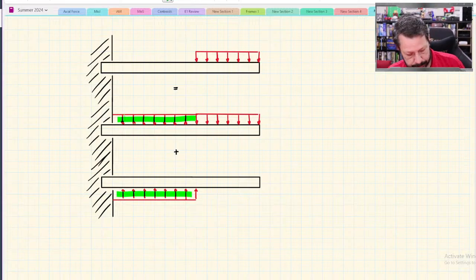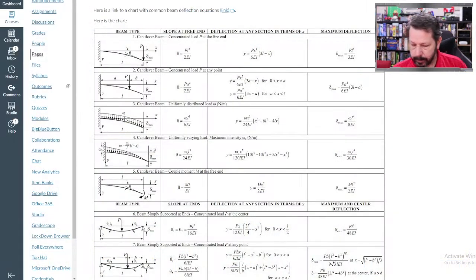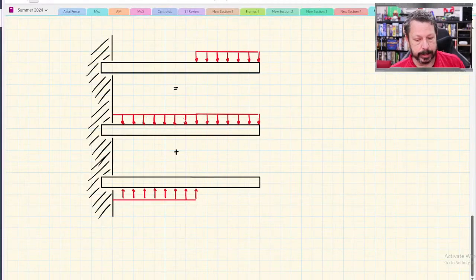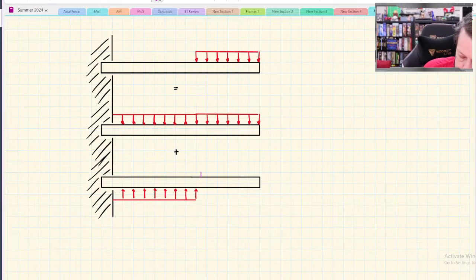Why you can do these is because we have this case 3 here, where there's a distributed load that starts at the support, the wall, and goes to the end of the beam. So that's exactly my middle one here. And then this one, well, it starts at the wall. It doesn't go all the way out to the end.